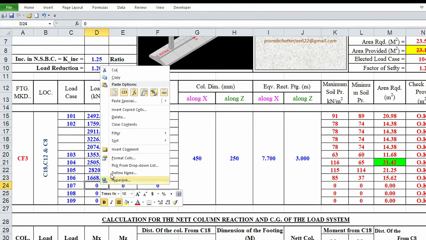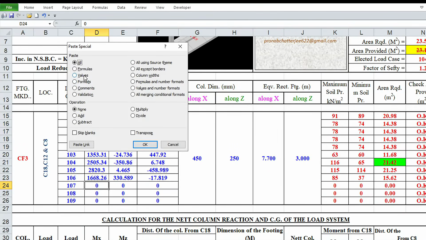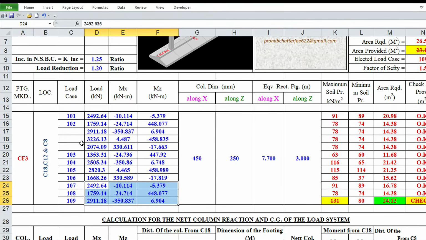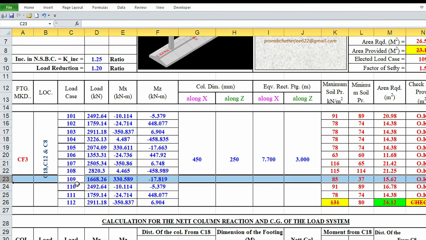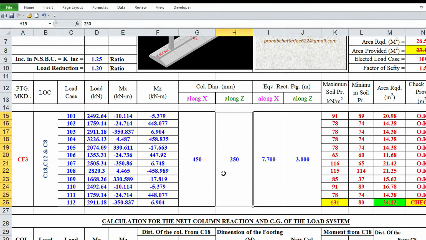Now paste here, paste special value. Now selecting these two, our load case also developed here. We had 9, 100 and 109 up to this load case. We introduced these 3 load cases. And in this way, we can introduce more load cases in the same format.